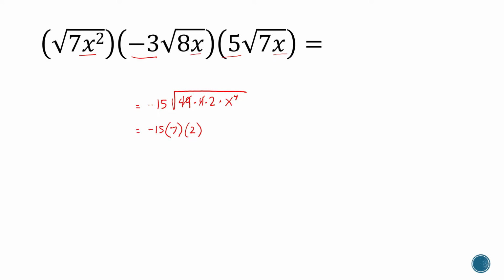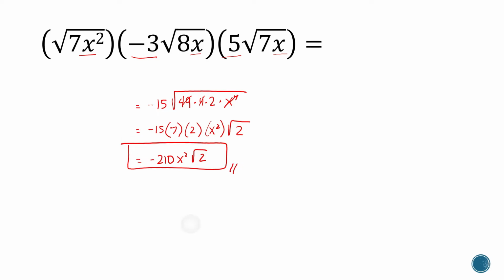So 4 divided by 2 is 2. So this is x squared, square root of positive 2. Now here we can just multiply 15 times 7 times 2, which is equivalent to negative 210 x squared, square root of positive 2.